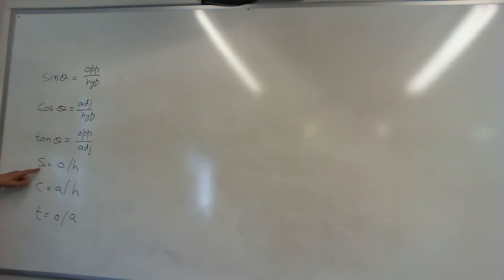This will give you sine is equal to opposite over hypotenuse, same as that. This will give you cos is equal to adjacent over hypotenuse, same as this. And this gives you tan is equal to opposite over adjacent, same as this. So if you forget, you can use this to remember. SOH CAH TOA.